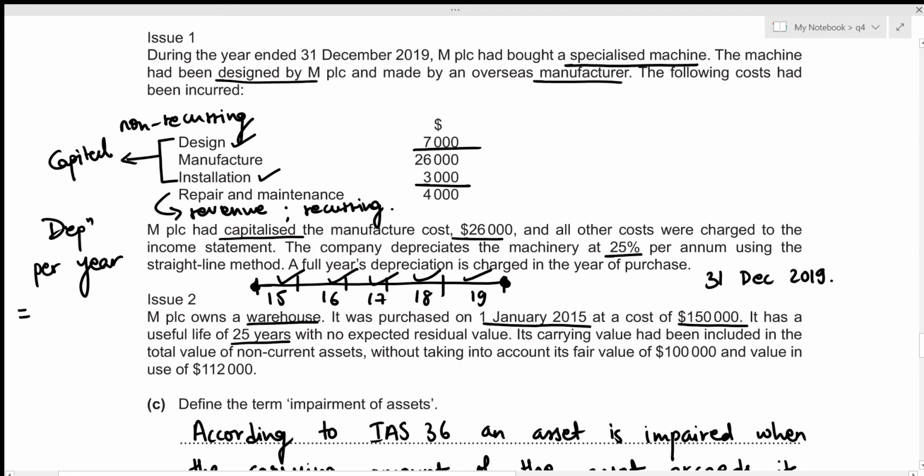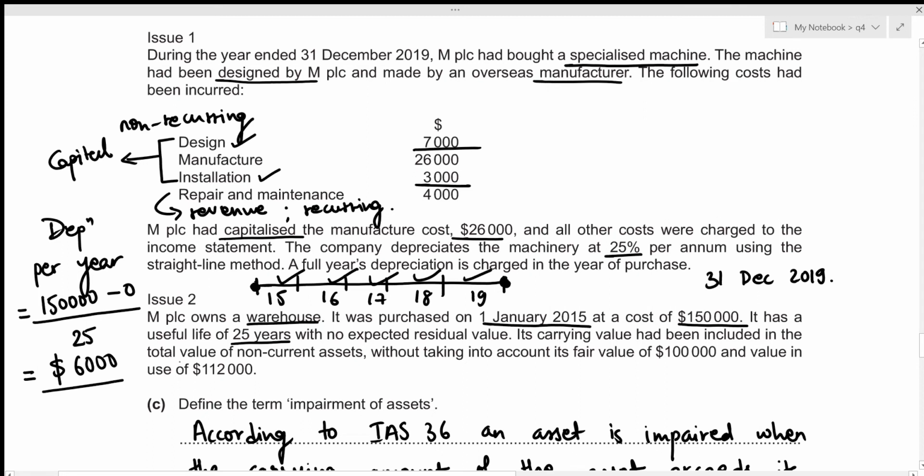We are given the cost, and the expected residual value of 0, and the useful life of 25 years. So the formula for depreciation per year would be cost, that's 150,000, minus the expected residual value, which is 0, divided by the number of useful years, which is 25. So this gives our depreciation per year as 150,000 divided by 25, which results in the value of 6,000.